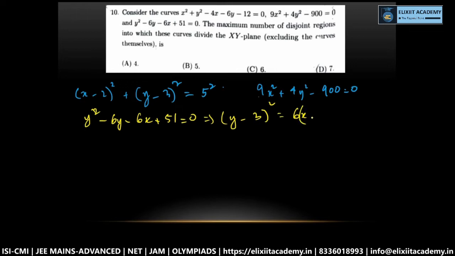Taking 6 common, that is 6 into x minus 7. So the vertex of this parabola is at 7, 3. What else can we see from here? The vertex is 7, 3.